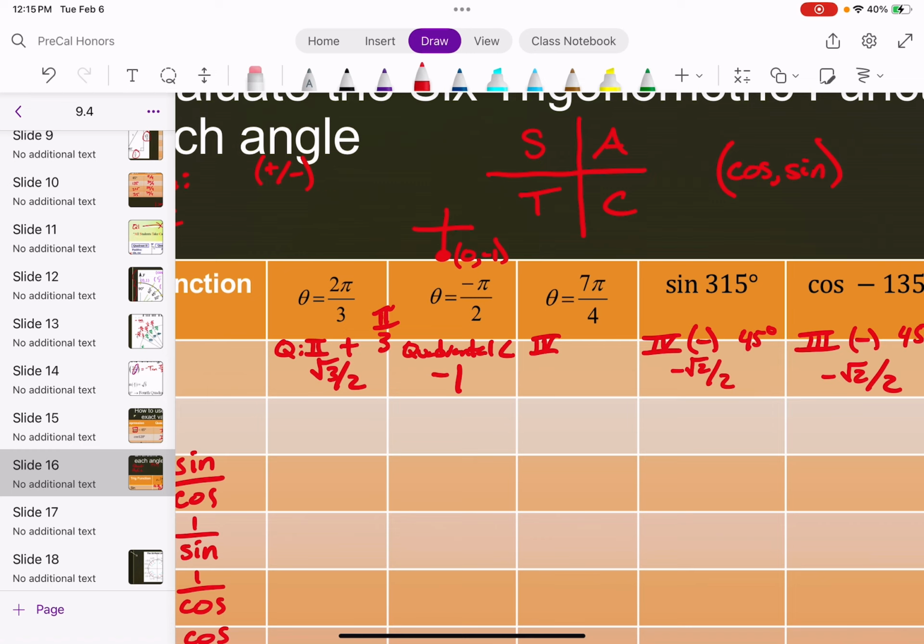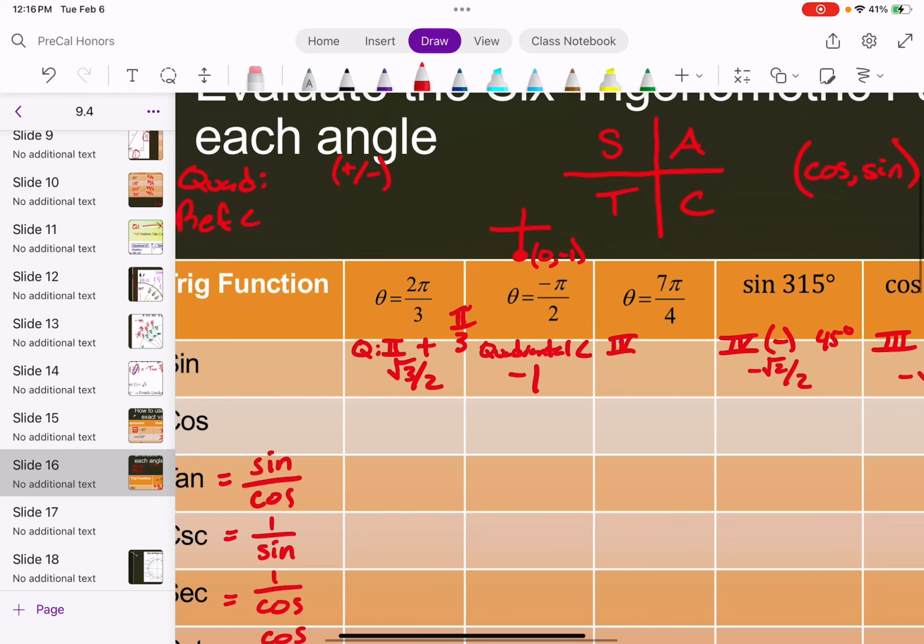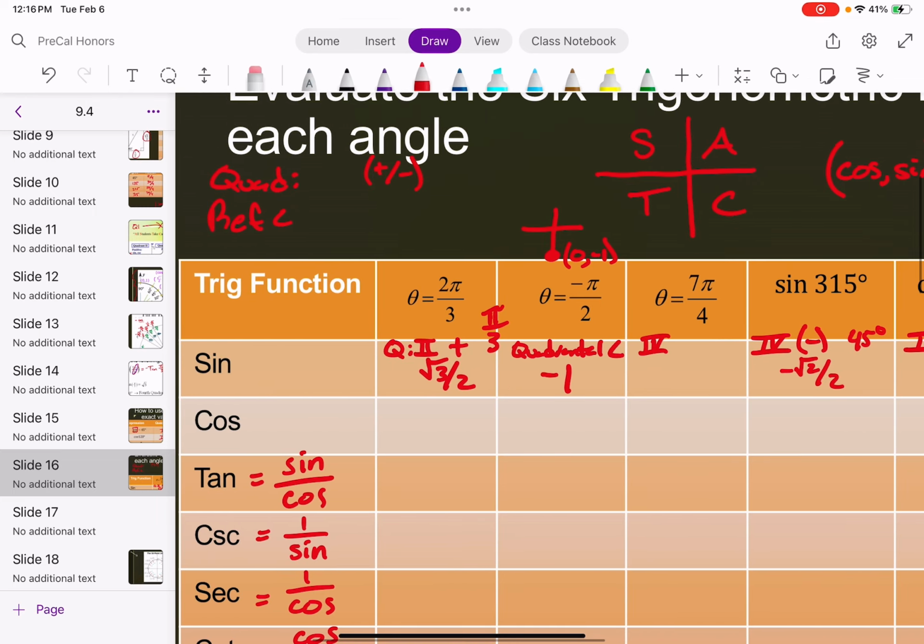Now we see whether it is positive or negative. In this case, since we are looking at the sine of theta, it would only be positive in quadrant 2. It would not be positive in quadrant 4.